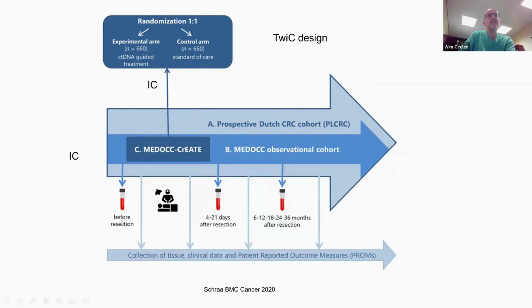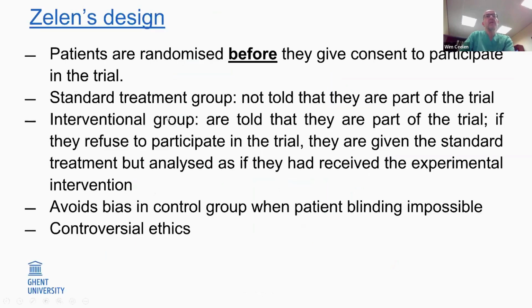And then they do a ctDNA, and then if this shows a certain outcome, then patients have to provide a second informed consent, and then they are randomized either to an experimental arm where the chemotherapy treatment is guided by the ctDNA, or a standard of care arm. And so this is an example of the TWIC design, so the trial within cohort design.